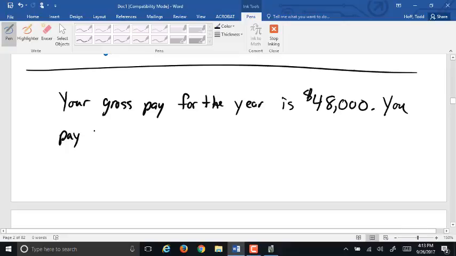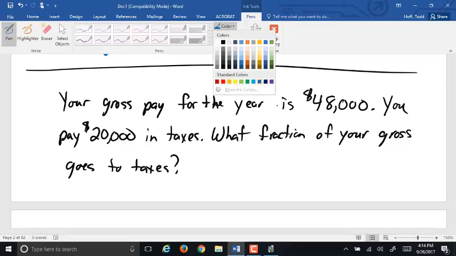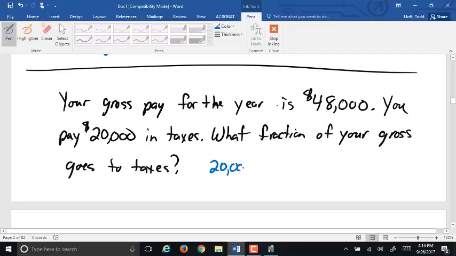You pay $20,000 in taxes. What fraction of your gross pay goes to taxes? Well, here they're asking fraction of your gross pay goes to taxes. It means your taxes out of your gross pay. So the taxes are $20,000. Your gross pay is the $48,000.